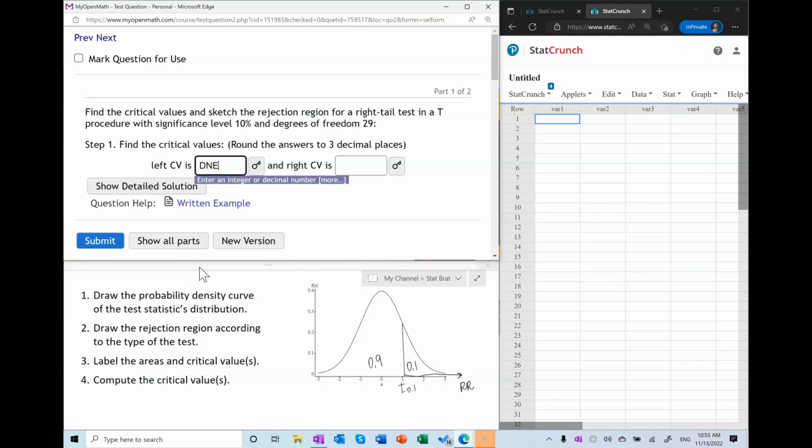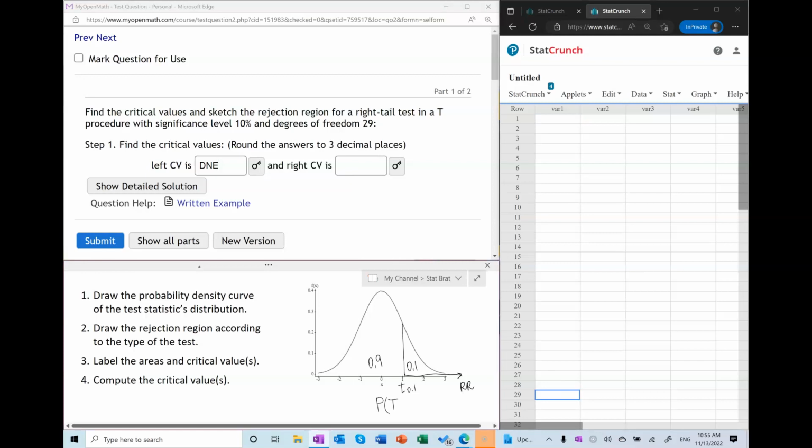Now, to find the critical value, this is where we're going to use some sort of technology or a statistical table, but we're going to use the following fact. The probability of t being greater than t sub 0.1 is equal to 0.1. That's what the alpha notation means.